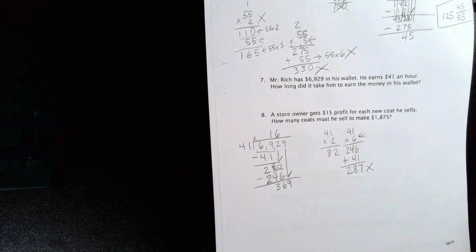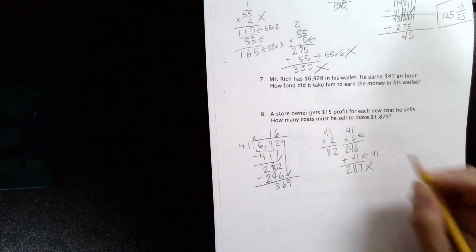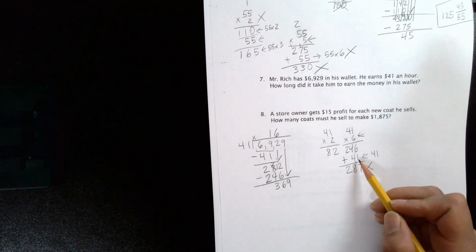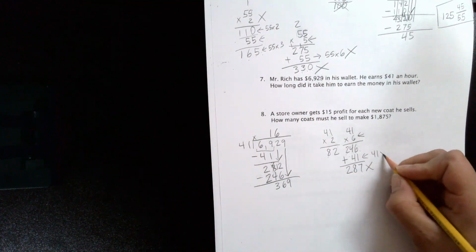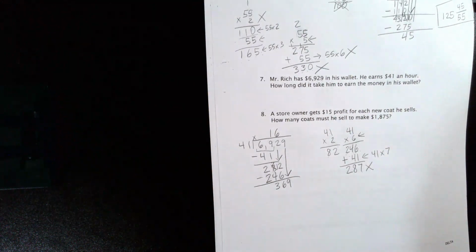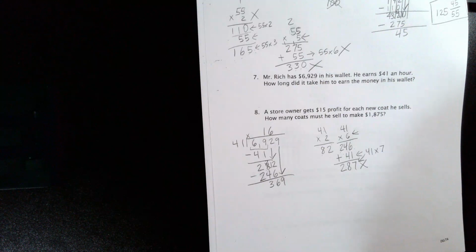Okay? So we know that 41, because this 41 times 6 up here, and then we added another 41, so that means 6, 7. So 41 times 7 is this number right here. And now we have this number right here.